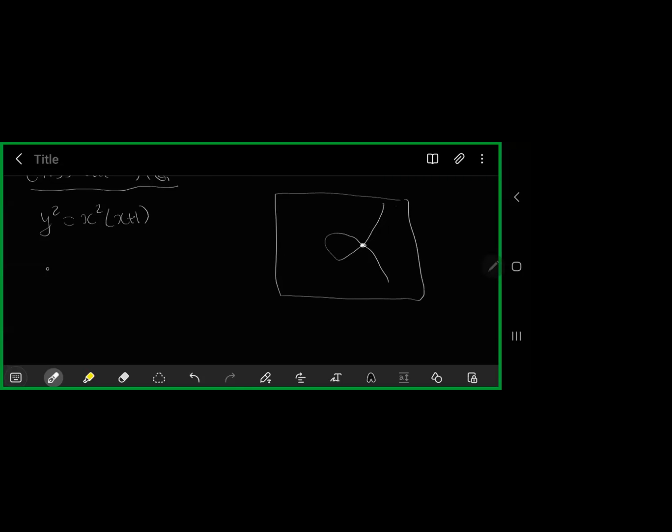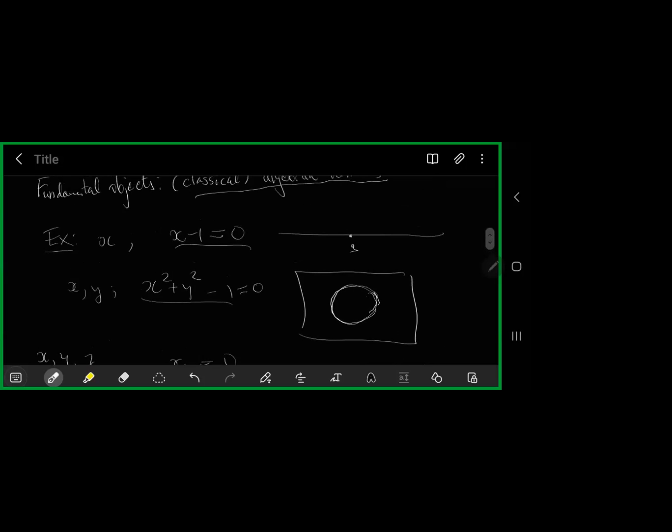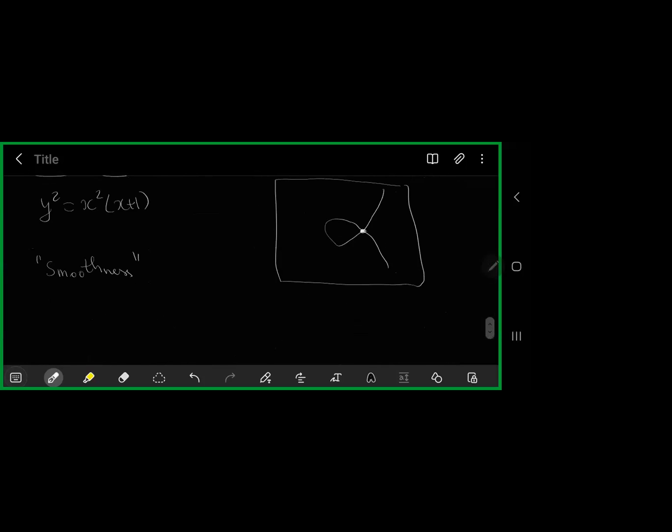And one concept which I'm not defining right now, but if people want me to, I can do that, so feel free to ask, is basically whether the variety is smooth. That's one question we could ask. For the point and for the circle, the answer is yes.